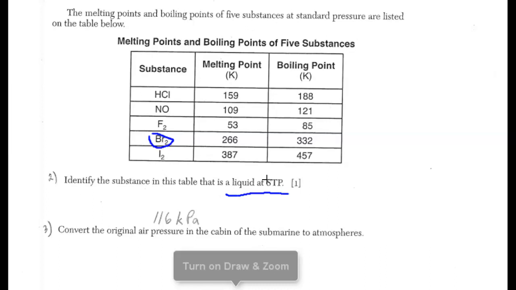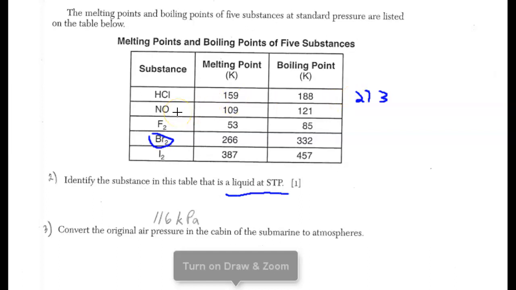So standard temperature is 273. Look at HCl. If you take a look at these values and you make a number line, 273 is going to be higher than the melting point and boiling point. That tells you for HCl, at 273, you have hydrogen chloride in the gas phase.